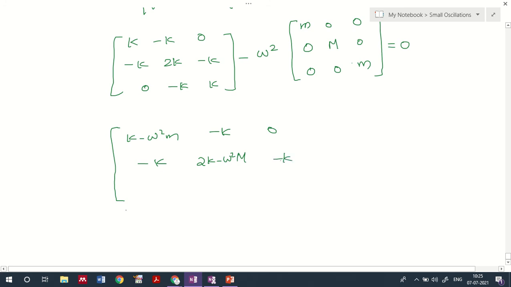This will be the combined matrix corresponding to the secular equation we represented above. So we'll have k minus omega square m.